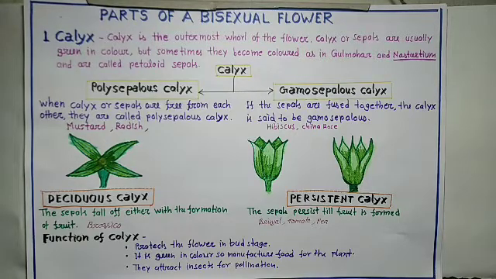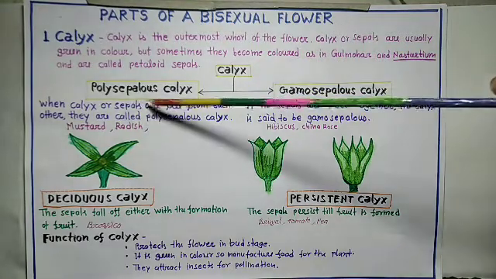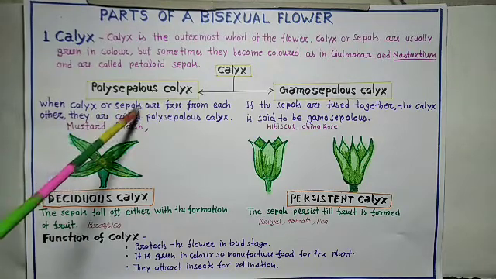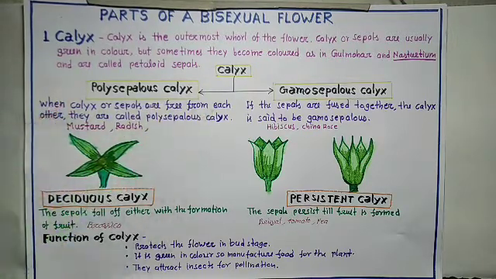There are two types of calyx. First is polysepalous calyx and second is gamosepalous calyx. First of all, we will discuss polysepalous calyx. When calyx or sepals are free from each other, they are called polysepalous calyx.